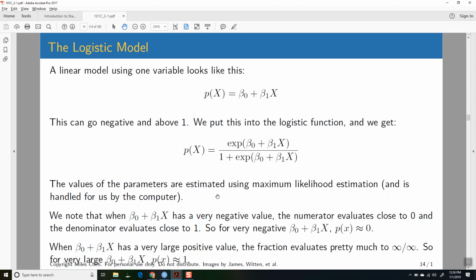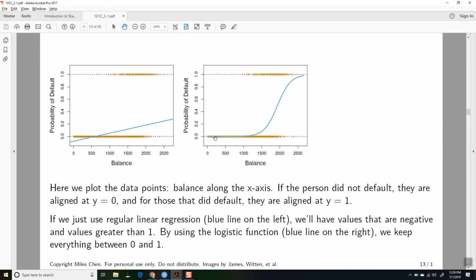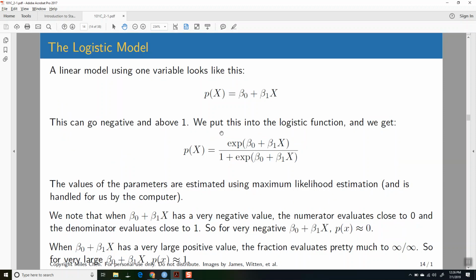All right, and so what we can see is that if this part, beta 0 plus beta 1x, is very negative, okay, so values that used to be very negative, this e to this is going to be a value very close to 0, right?